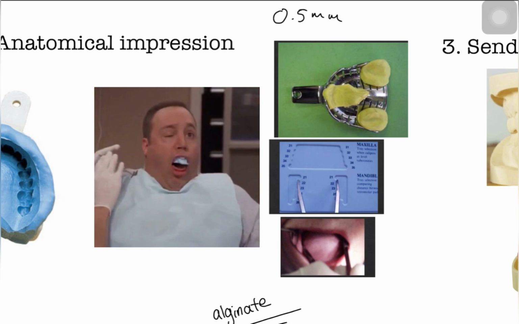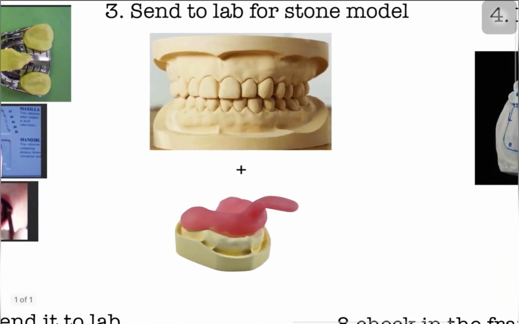In the lab, they use the impression that we made to produce a stone model. It is produced by pouring plaster into the primary impression, okay?